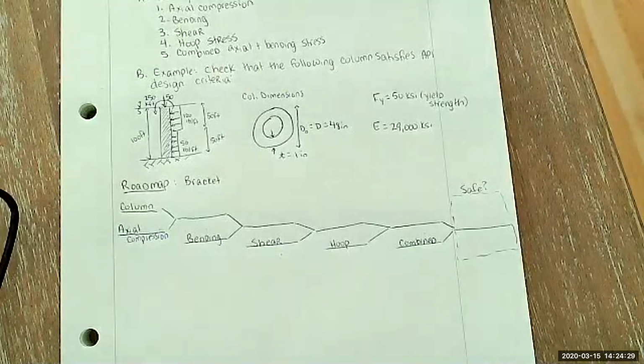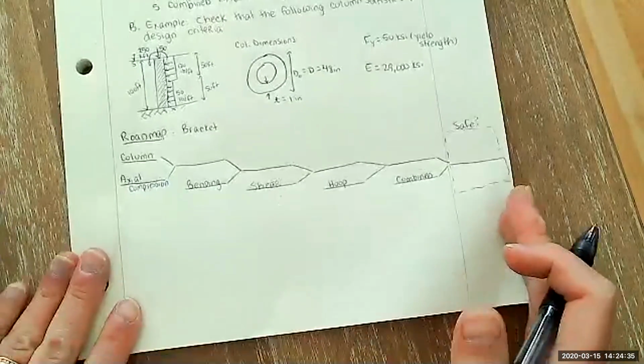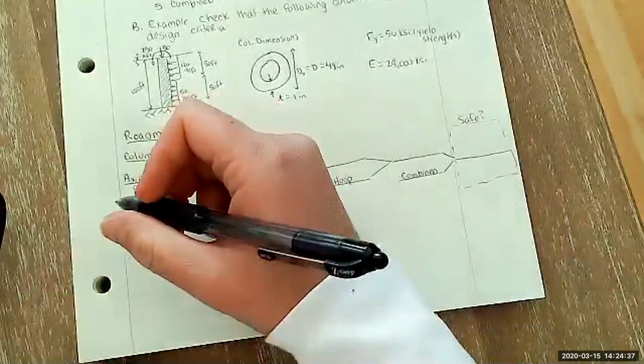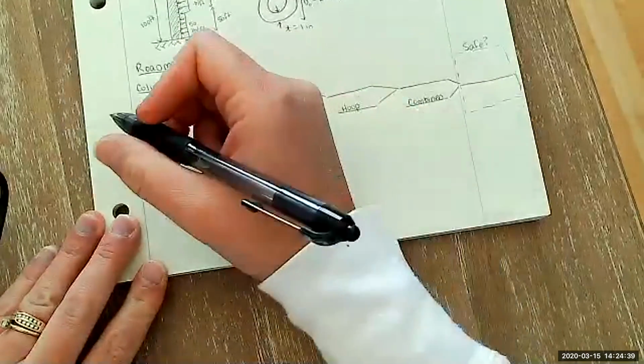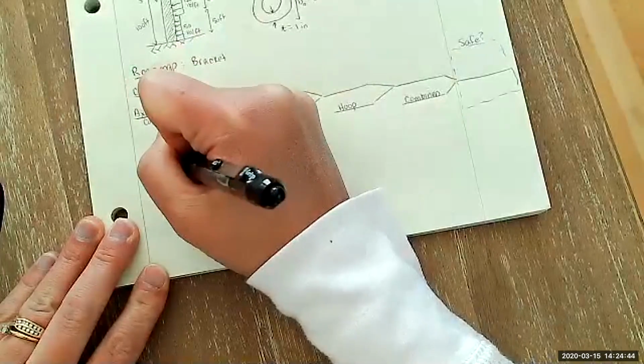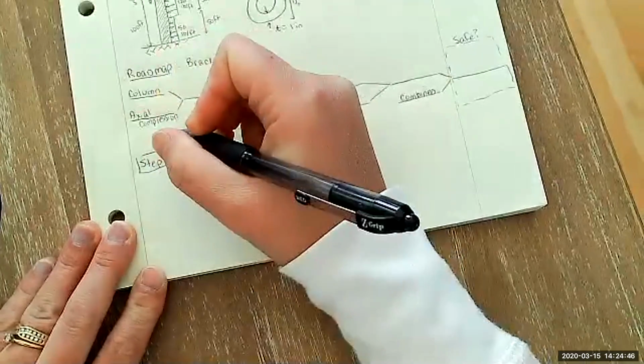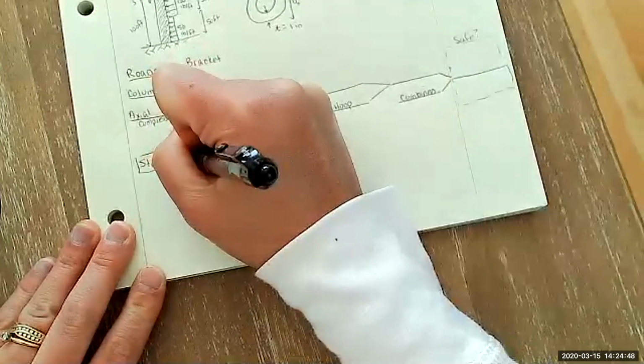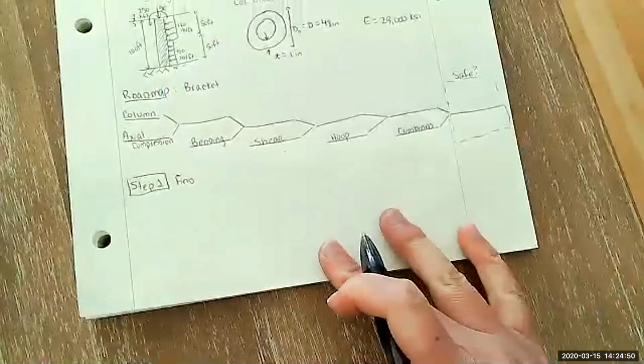Again, today we're just going to do the axial compression check. Although before we can even start with these checks, the very first step, or step 1, this might be step 0 depending on who's asking, is to find the maximum loads that this column experiences.